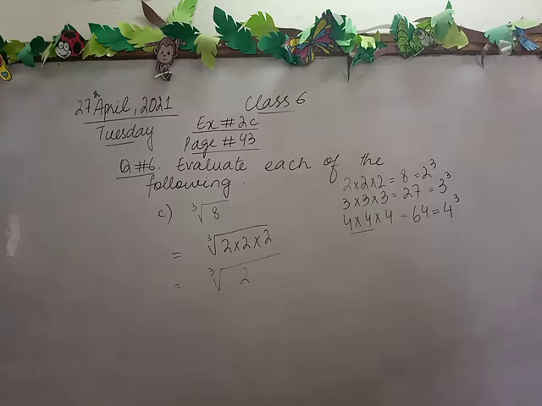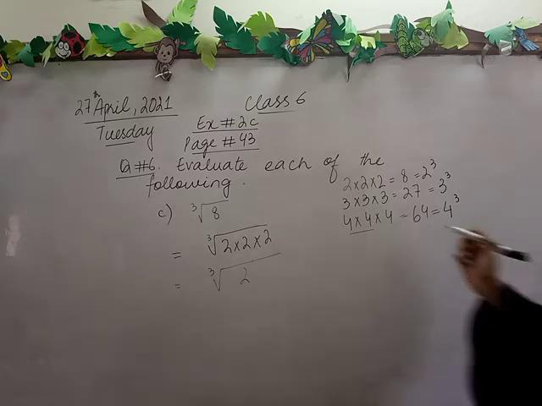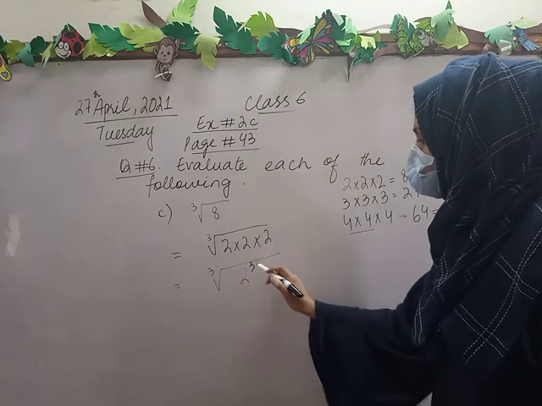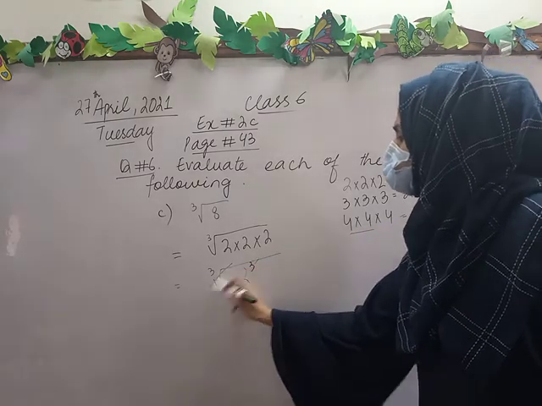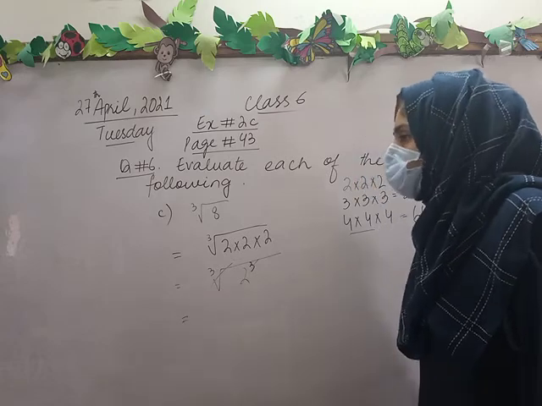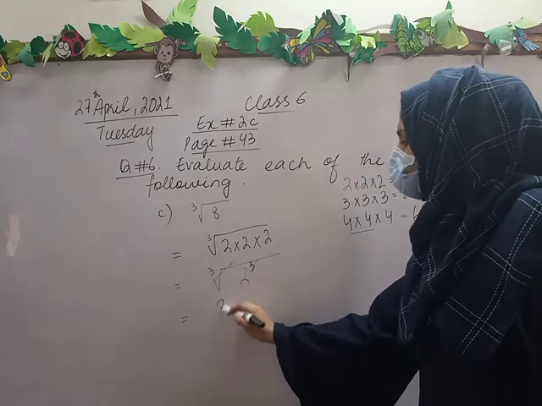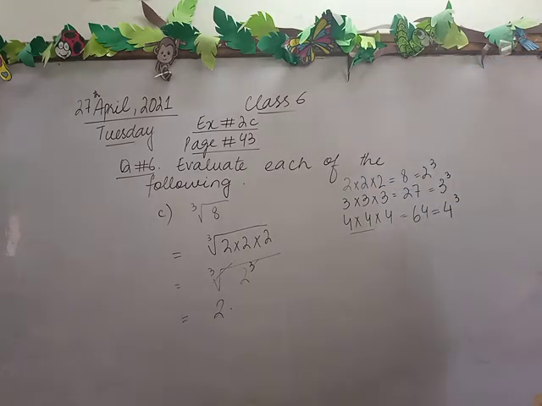Very good, 3. So we will write 3. Now this 3 will be cut by this cube root. In the end we have 2. Okay class? This is how we can solve cube root.